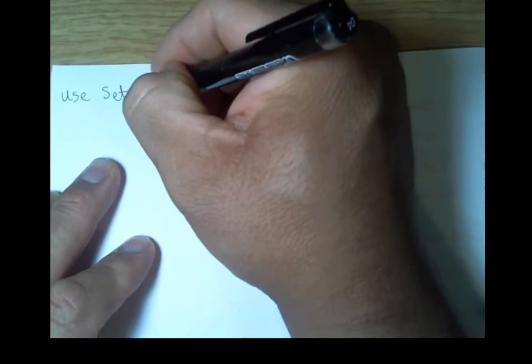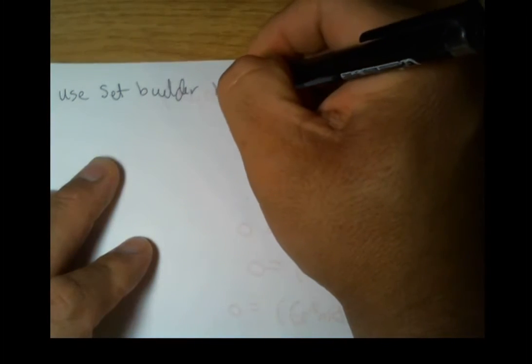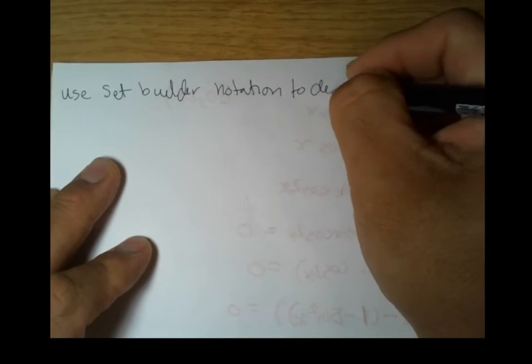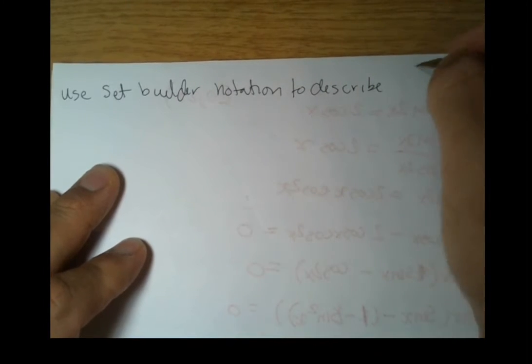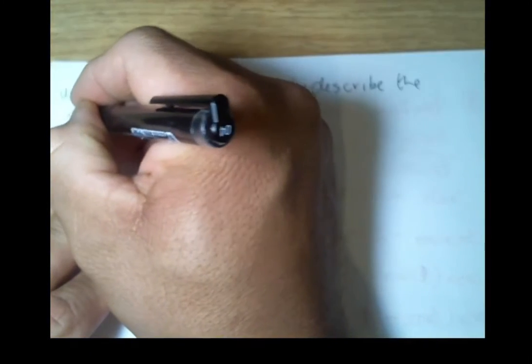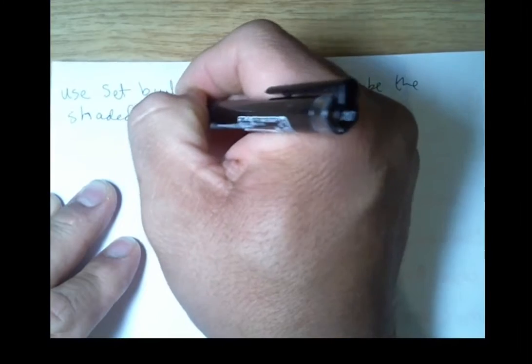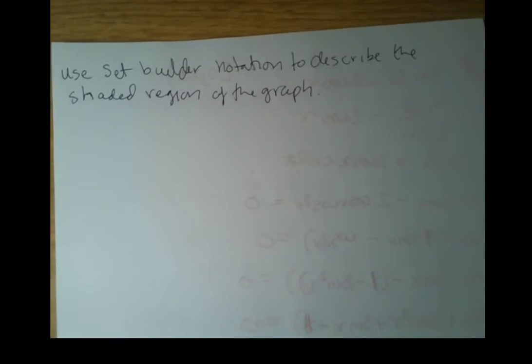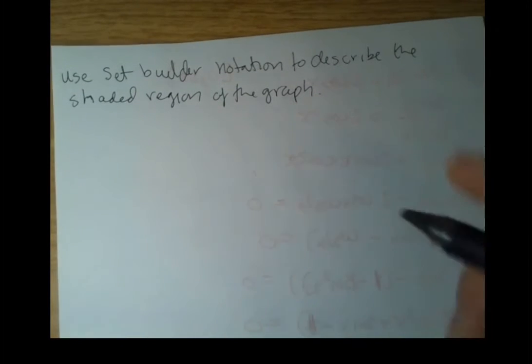For these next examples, we're going to be given a graph, and we want to use set builder notation to describe the shaded region of the graph. We'll be using polar coordinates.